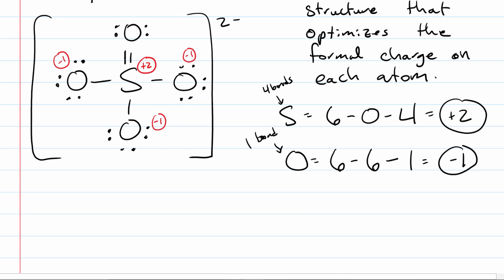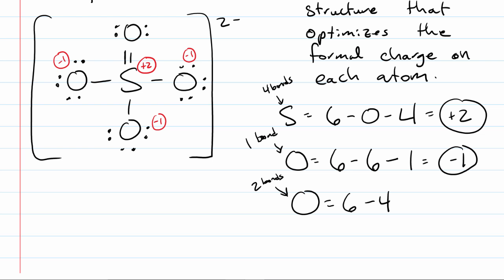Putting it in here as a double bond, we now have an oxygen that has 2 bonds. If an oxygen has 2 bonds, like we're showing, we then calculate that formal charge. This oxygen is going to start with how many valence electrons on a free atom? 6. How many lone pair electrons are there altogether? There's 4 in here. And how many bonding electrons does this oxygen have? 4.